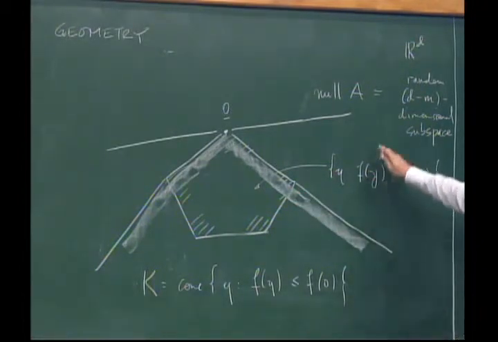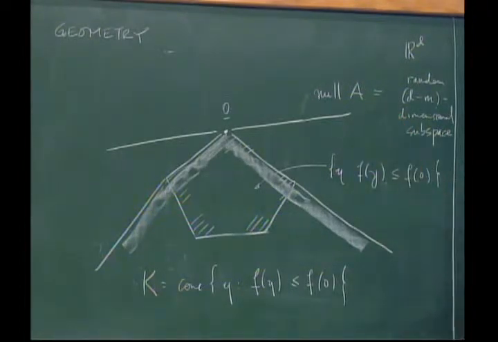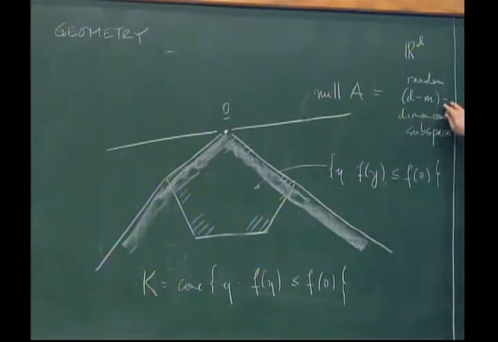Now, as I said, A is a random matrix whose entries are normal 0, 1 random variables, independent from each other, and as a consequence, the null space of this matrix is a random subspace. And the dimension, almost surely, of that subspace is d minus m.